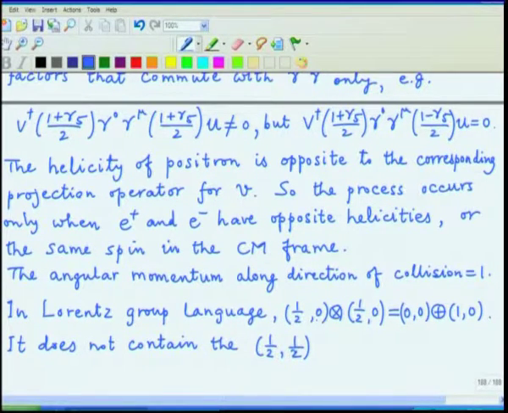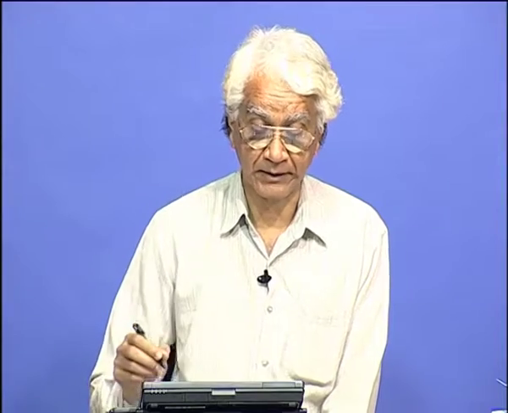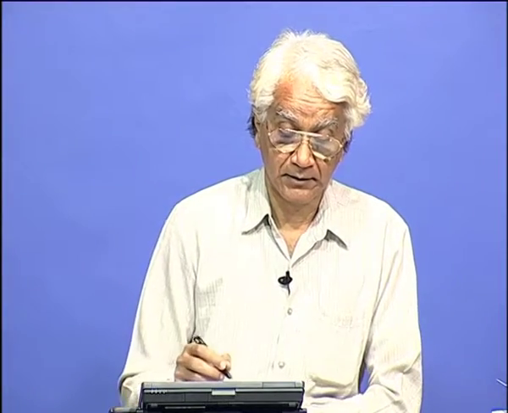If you do half 0 tensor product with 0 half, you will get this contribution half half, which is a vector representation. And that is absent in this particular scenario, and so we do not get the combinations where the spins are pointing in opposite direction for e plus and e minus.